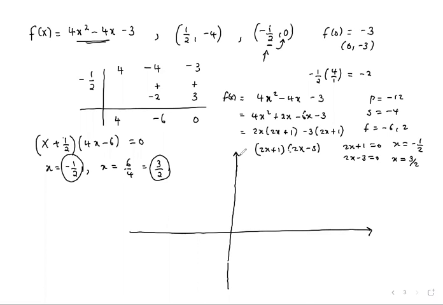So we have negative half here. We also have half here, and 3 over 2 here.